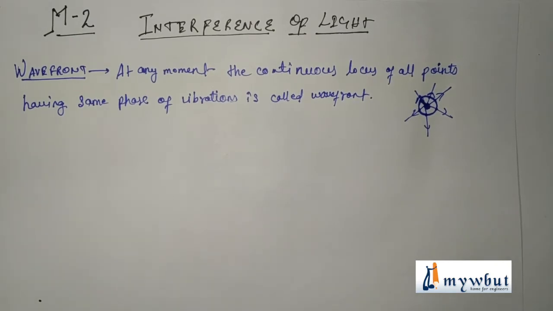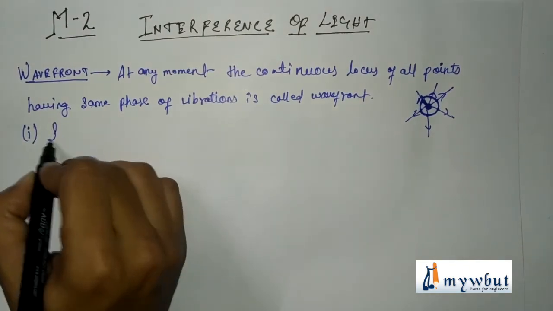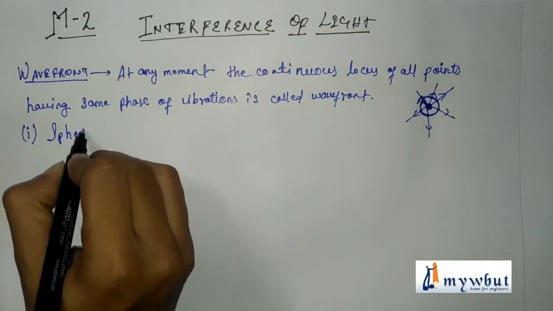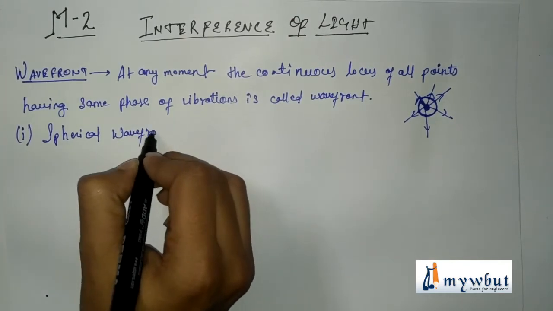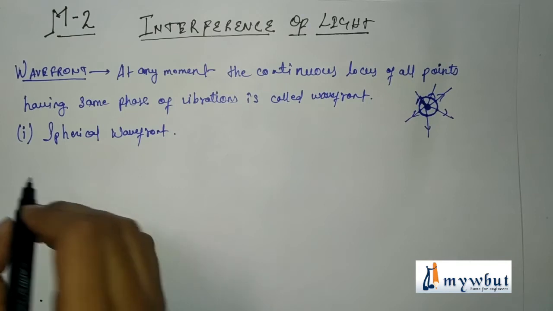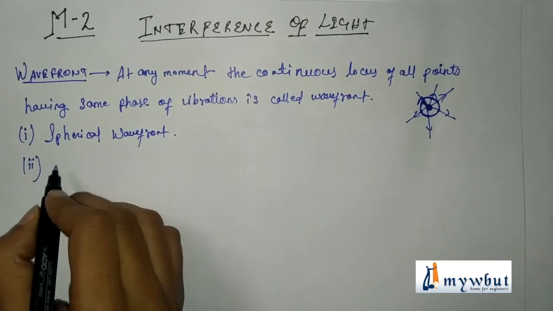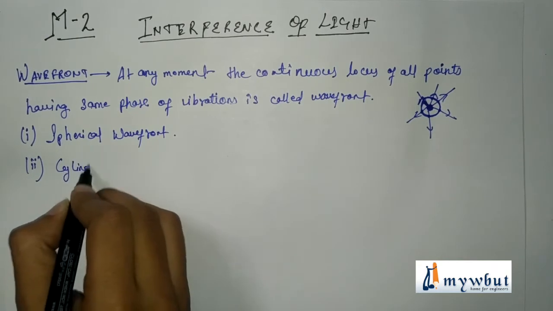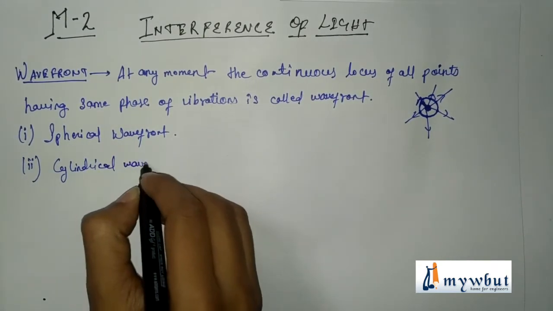Depending upon the shape of the source of light, wavefronts are of three types. We can classify them as three types. Number one is the spherical wavefront. Number two is cylindrical wavefront.